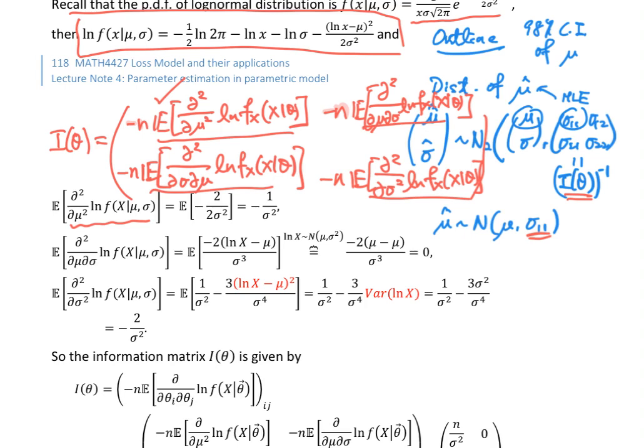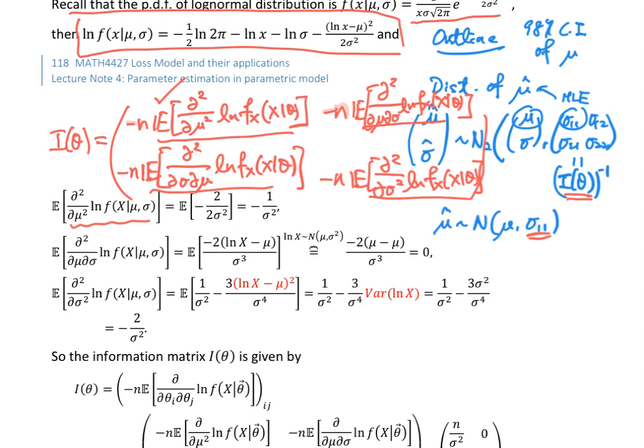So meaning that you first differentiate the log of this distribution function with respect to mu. Here you can see the first term has nothing to do with mu, so it becomes 0.